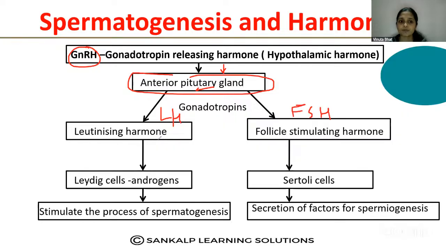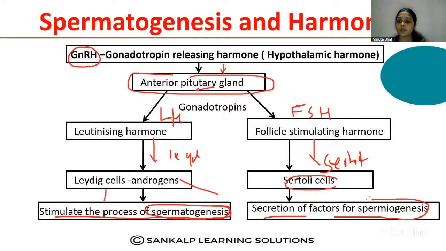Okay. So this LH acts on the Leydig cells to release the androgens, and FSH acts on the Sertoli cells. Here, androgens from the Leydig cells help in the process of spermatogenesis, the formation of sperms, and the Sertoli cells secrete factors for spermiogenesis.